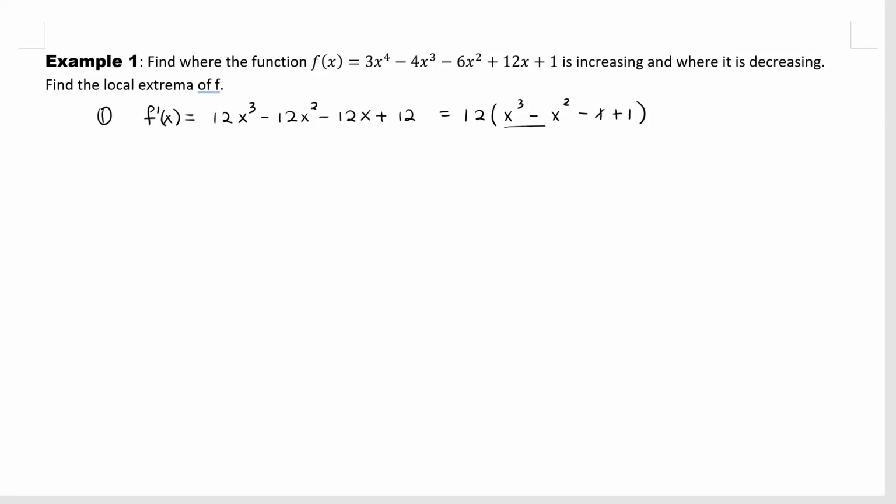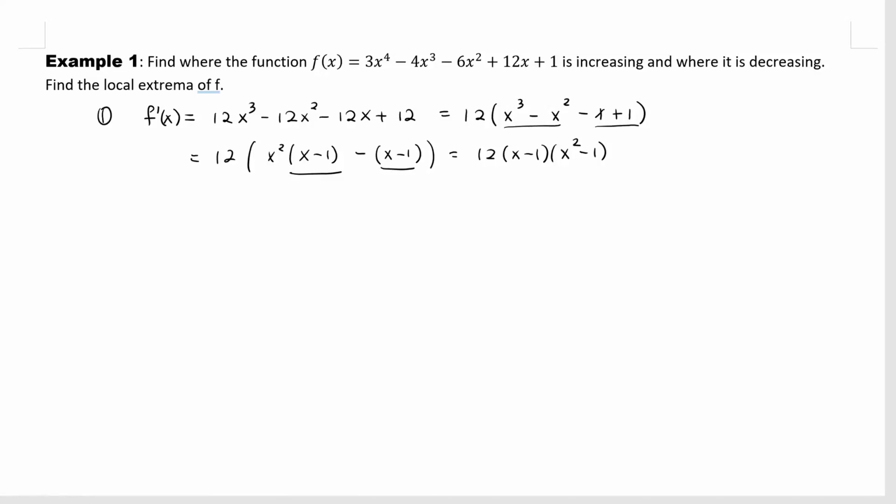We usually group the 2 terms together and find the common factor. The common factor of the first 2 terms is x squared, and we have x minus 1. And then we can factor out the negative, and then the last 2 terms, we get x minus 1. Now you can see this is the common factor. So we have 12 times (x minus 1) times (x squared minus 1).